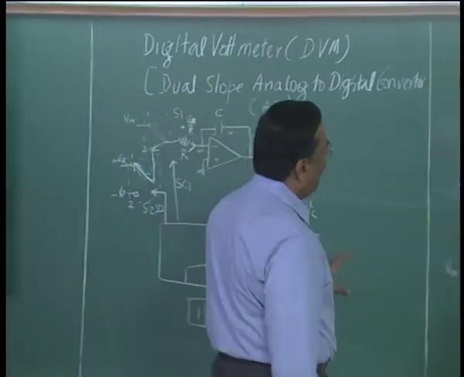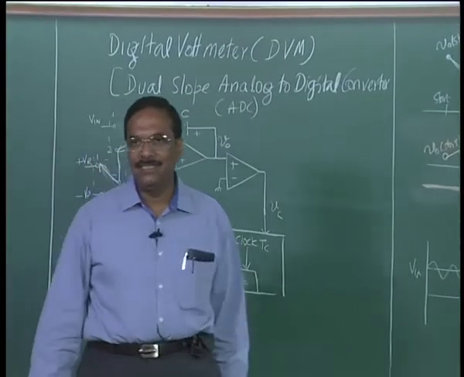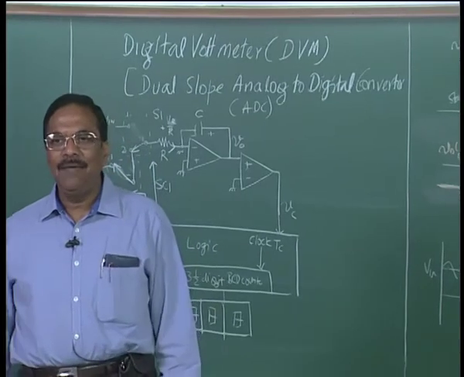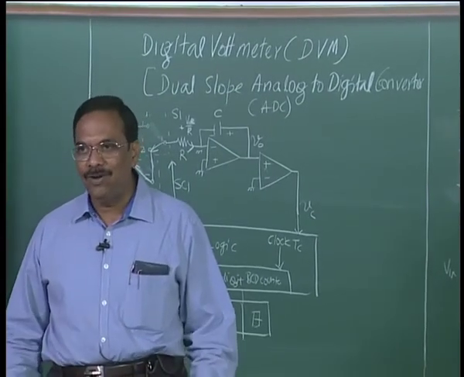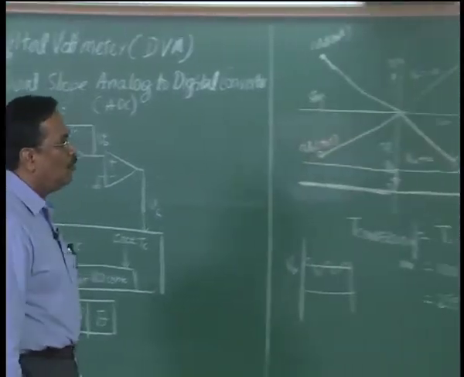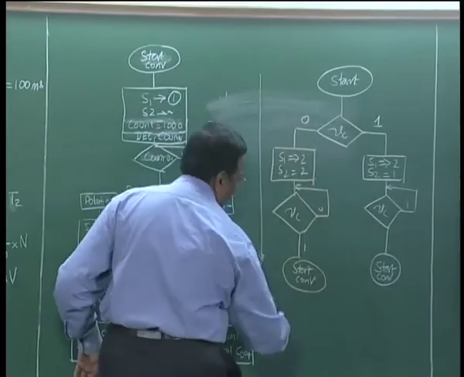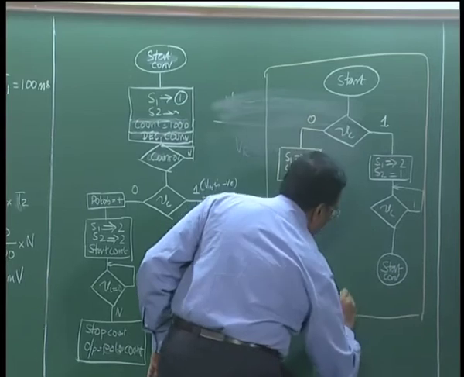So, every time I use a dual slope analog to digital converter starting at an arbitrary point, I must ensure that the capacitor voltage at start equals 0. To do that, I have to go through this logic. This logic is called auto 0.